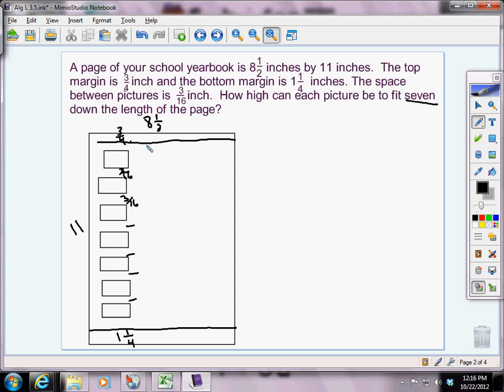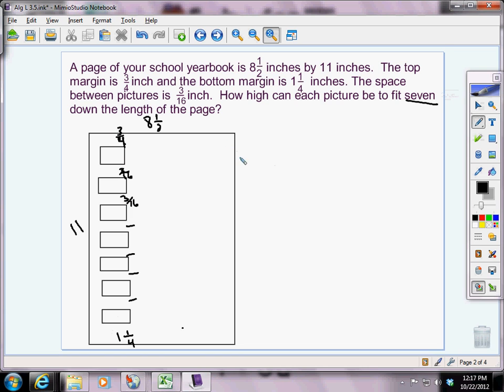We don't need these lines in here because that's where the pictures start. The picture starts where the top margin is. So we have our diagram here, 3/4 at the top, picture, 3/16, picture, 3/16, so on and so forth, to the bottom here where we get 1 1/4.